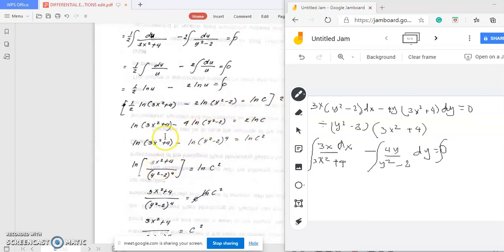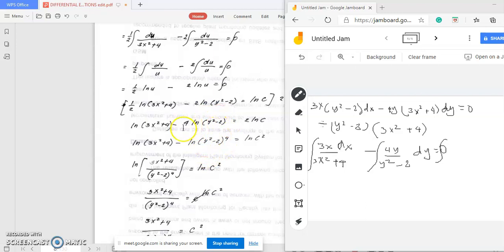So from here, if you could recall the topics of your integral calculus, the constant multiplied by your logarithm, the constant becomes the power of the value within your logarithm.